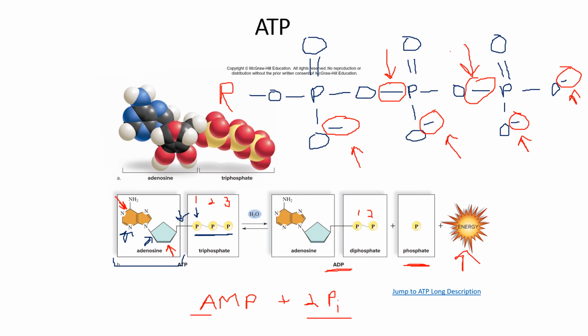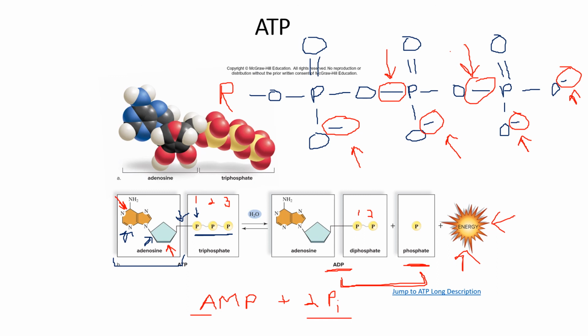Anyway, anytime we're breaking off a phosphate, we get more energy, although there's less energy in that second bond than in the first. And when we make ATP, we typically add these two together. And we use energy that we freed up from glucose to sort of staple them together to reform that bond.